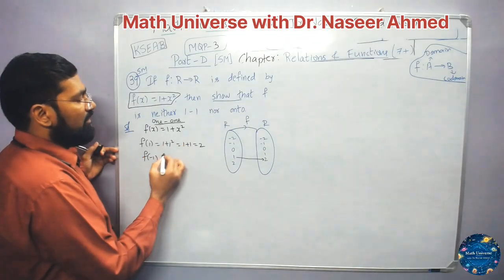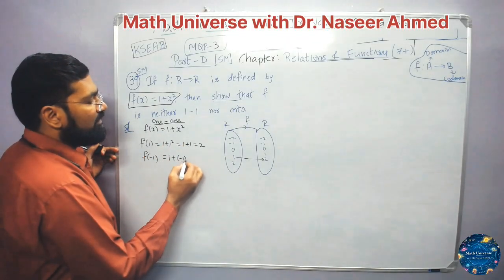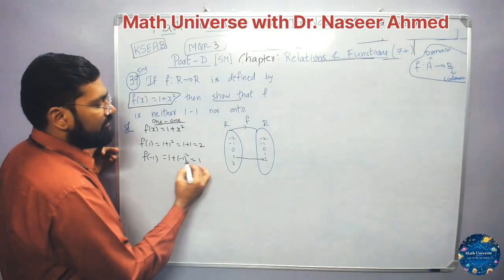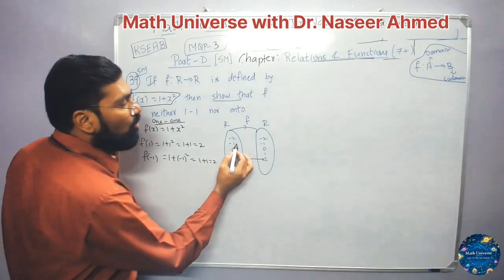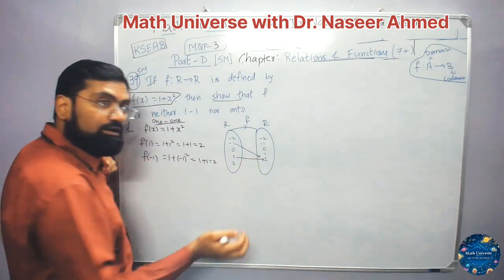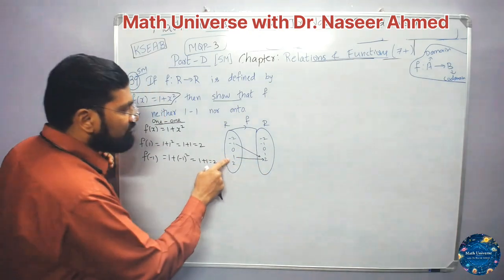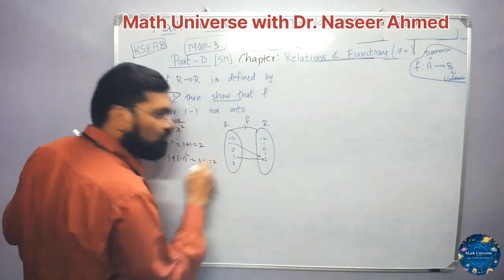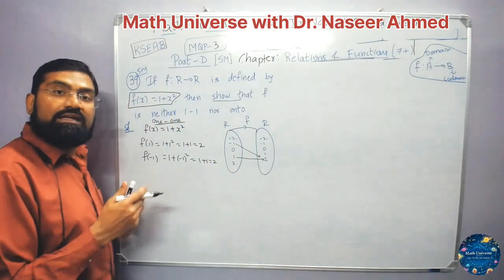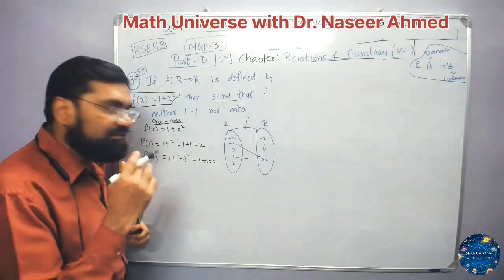Again substitute here: 1 plus (minus 1) whole square. Minus 1 whole square is 1, so plus 1 here. 1 plus 1, 2. Oh, minus 1 is also mapping to 2. So both 1 and minus 1 are mapping to 2. Therefore, it is not 1-1 function, it is many-one function.